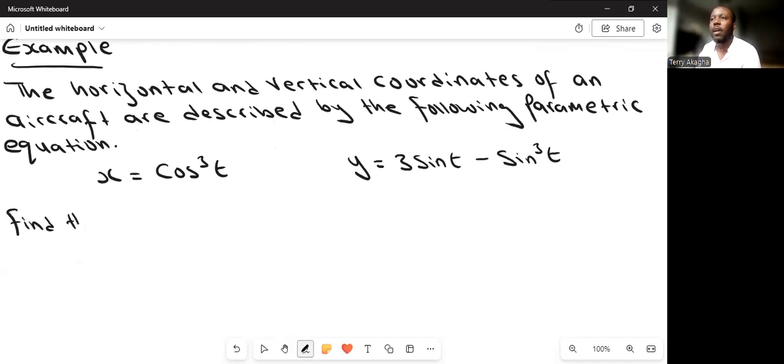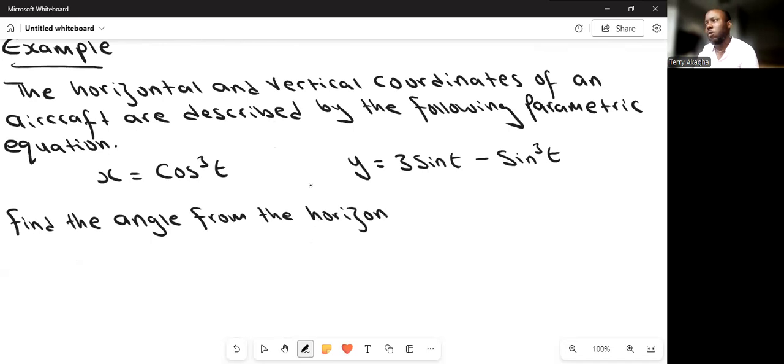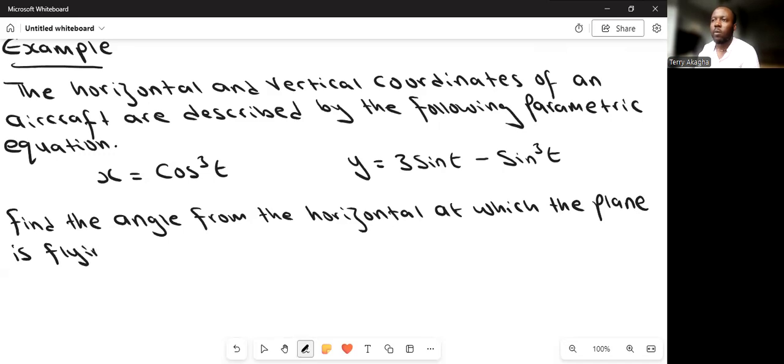We're told to find the angle from the horizontal at which the plane is flying when t is equal to 1. All right, let's get cracking now.